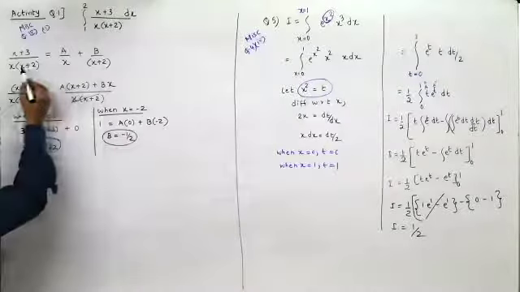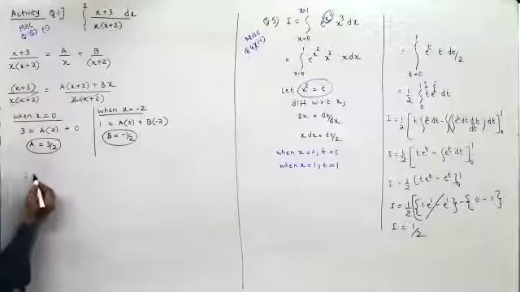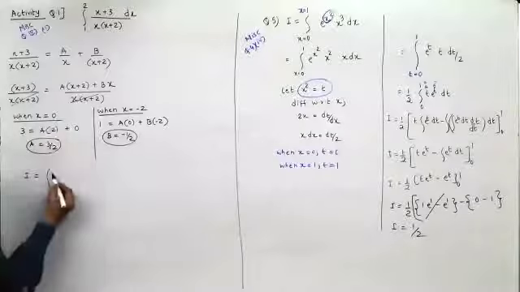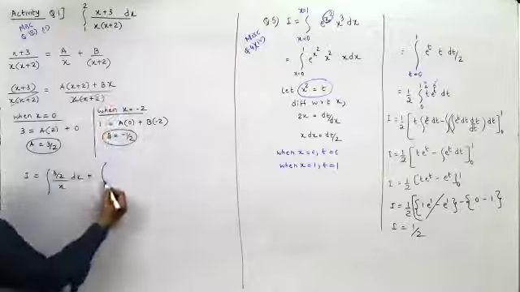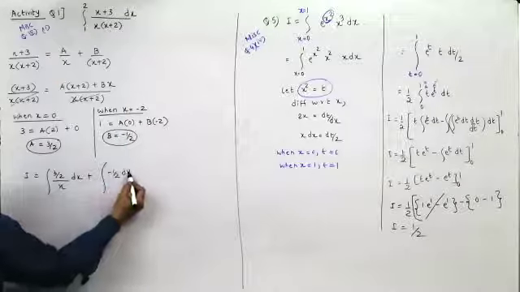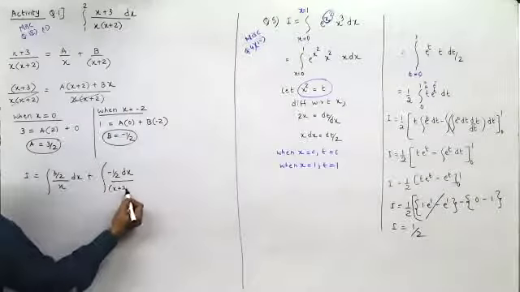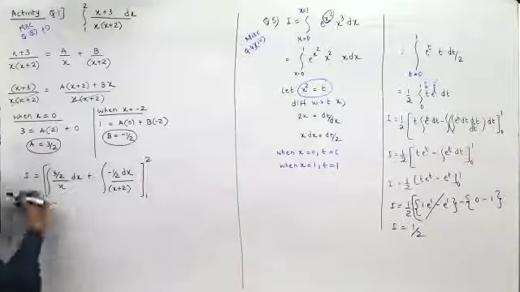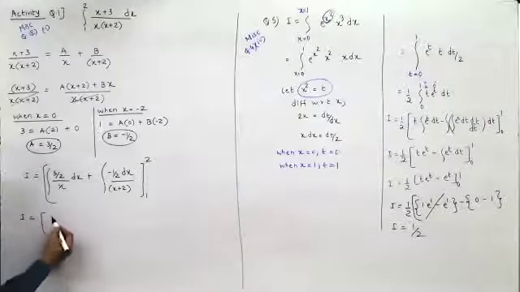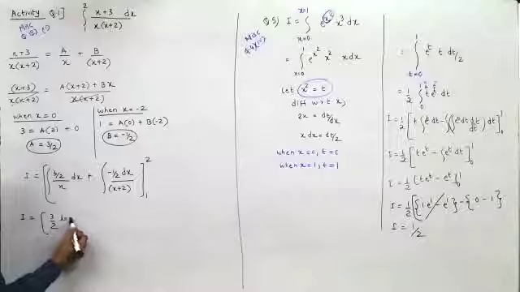So instead of this, I'll integrate these two. I'll get I equal to, instead of a, I'll write 3 by 2 upon x dx. Instead of b, I'll write minus half dx upon x plus 2. And here I'll write between 1 and 2. Take 3 by 2 out, integration of 1 by x is log x.